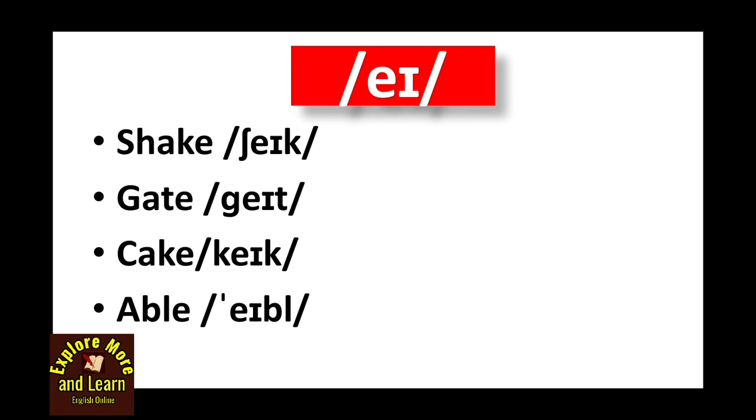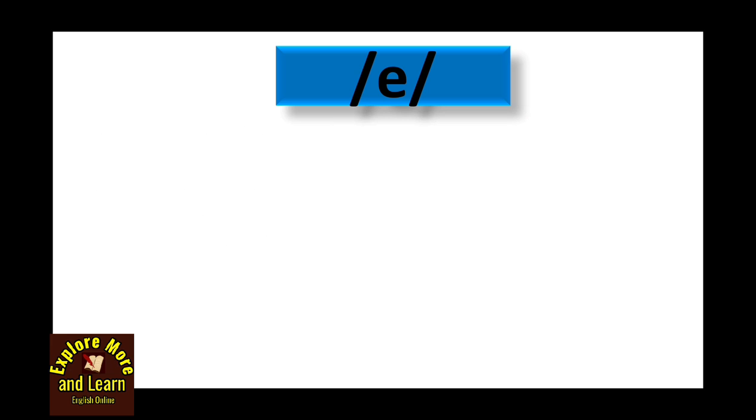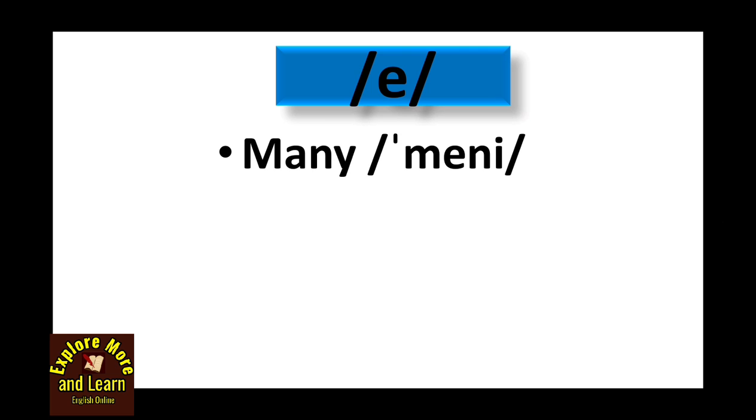The next sound which we get by the letter A is /e/. And this is the sound symbol which we use for the sound /e/. For example, many. So how to pronounce this word? Many. Here the letter A is pronounced as /e/, not /æ/. Okay? So it's many, not many.